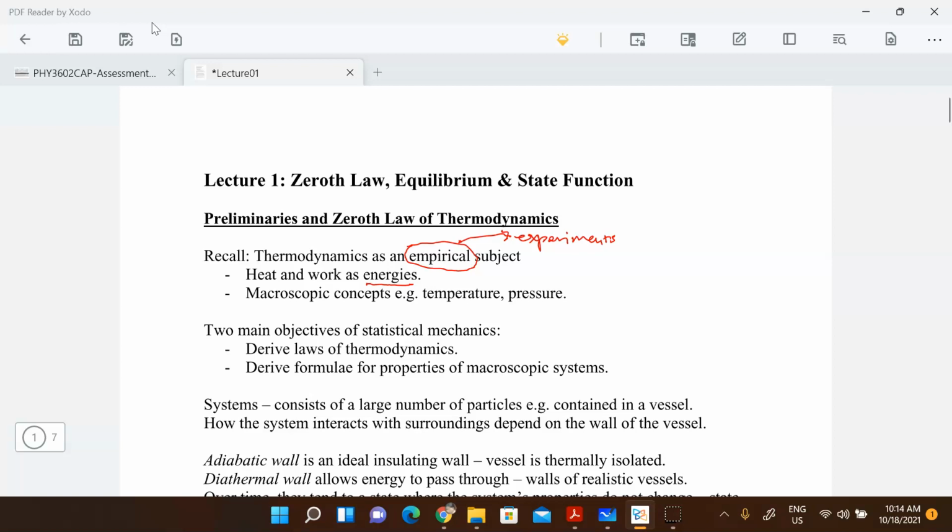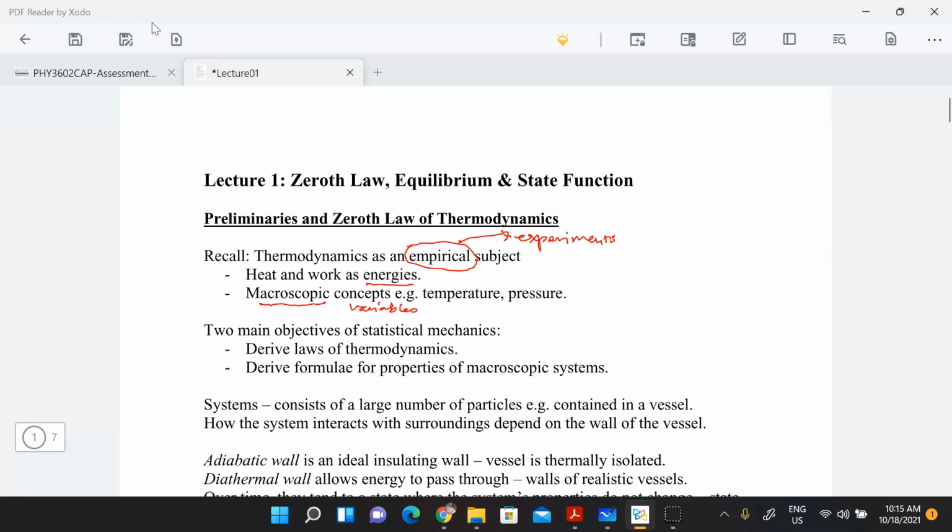I think it was called the work-kinetic energy theorem or something like that. The other part of thermodynamics that you should understand is that it always discusses macroscopic concepts or variables. These are variables which describe the system as one big system.